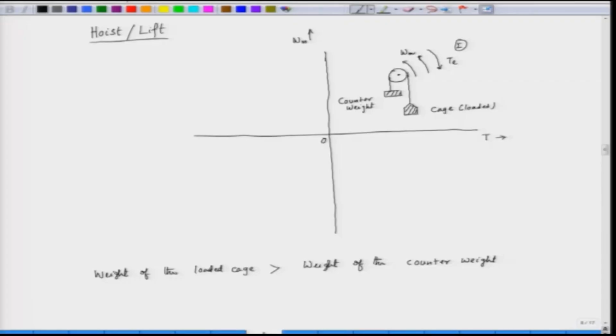Here, T is the motor torque, omega m is the speed, and the load torque, T L, is opposing the motor torque. Here T and omega m are in the same direction. So, T is positive, omega m is positive, so the power is positive. This is forward motoring. We have already discussed this.